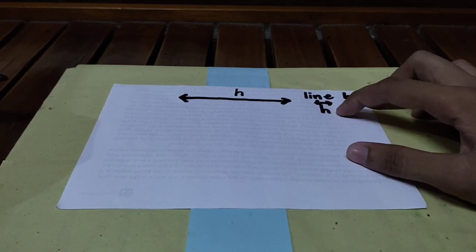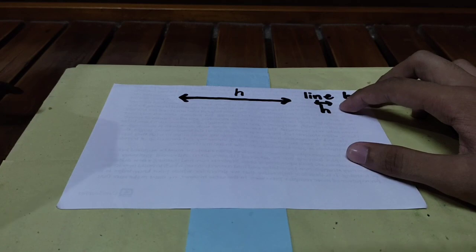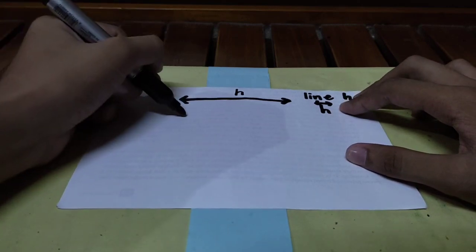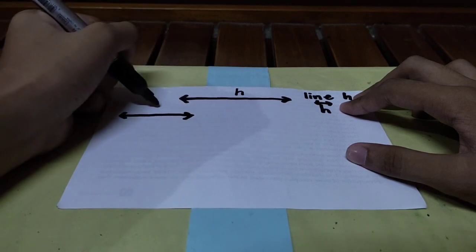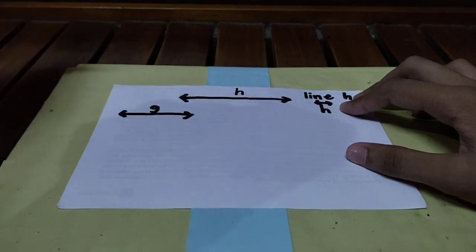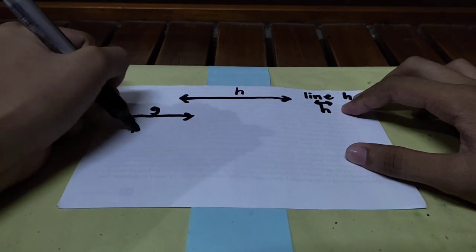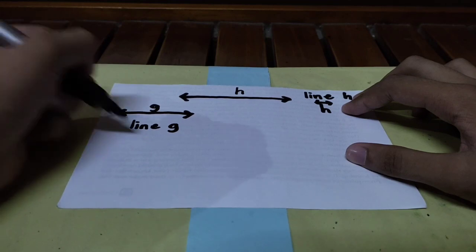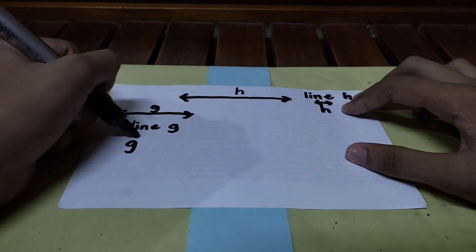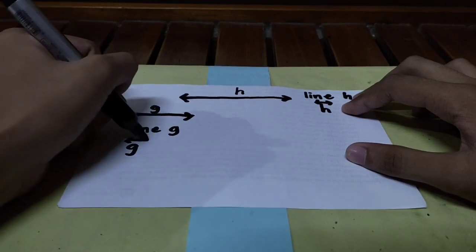That is line H. Another example, if we have this line here, we will name this as line G. We can write it as line G, or simply with this symbol, line G.